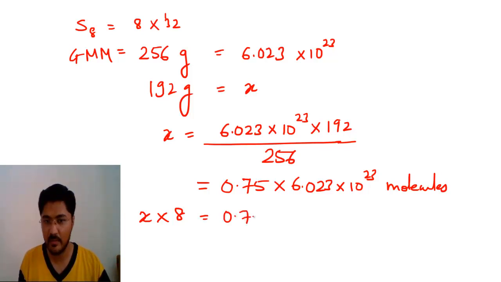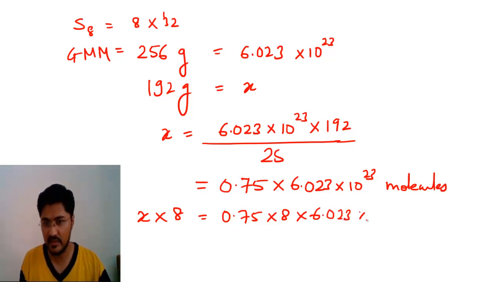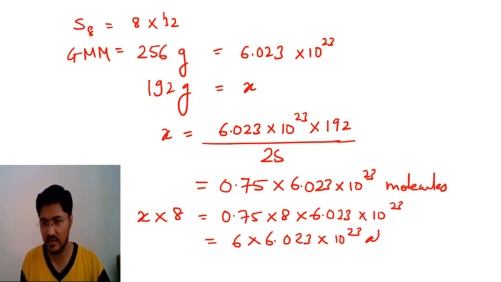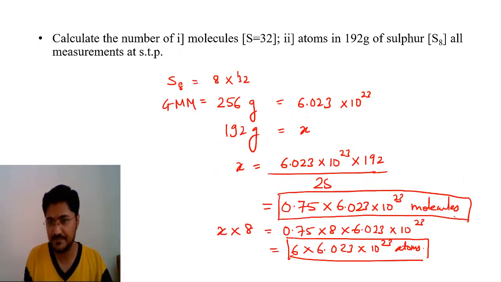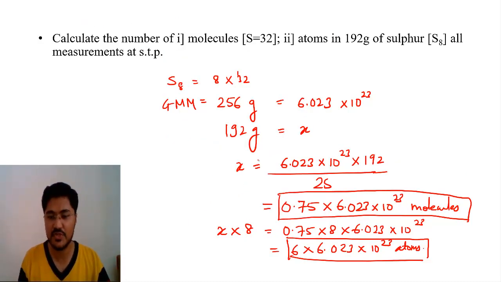So this will come to 0.75 into 8 into 6.023 into 10 raised to 23, which comes down to 6 into 6.023 into 10 raised to 23 atoms. This will be your answer to the second bit of this question, and the earlier one was your answer for the first bit. Now let's see the next question.